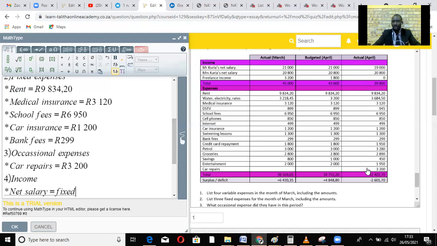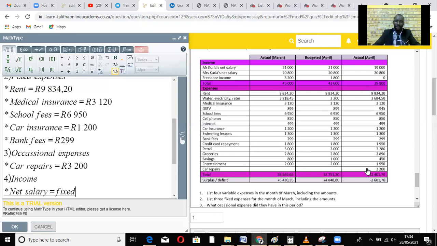And because he did not go for work, he worked for less number of days, and since he worked for less number of days, he was also paid less. But net salary normally doesn't change. They stay the same if you work the required period of time.